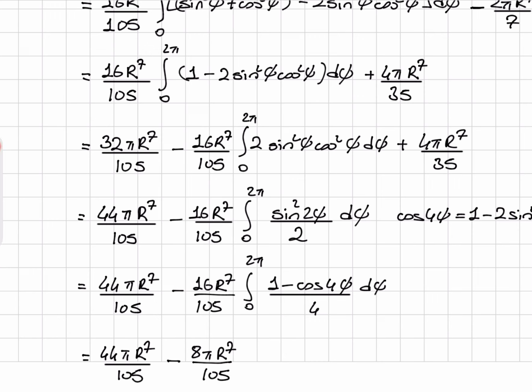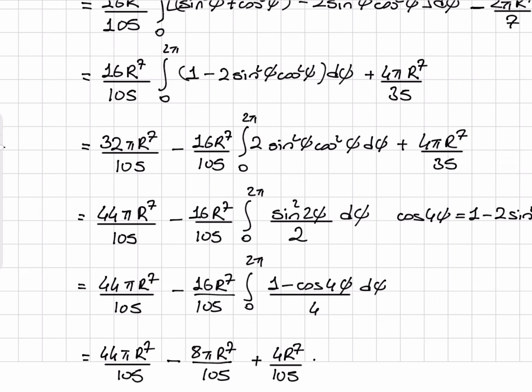And then I have the integral of minus cosine 4 phi over 4 d phi. So the 1 over 4 will get rid of the 16. It will make it 4, and the minus sign will make it plus. So 4 R to 7 divided by 105.